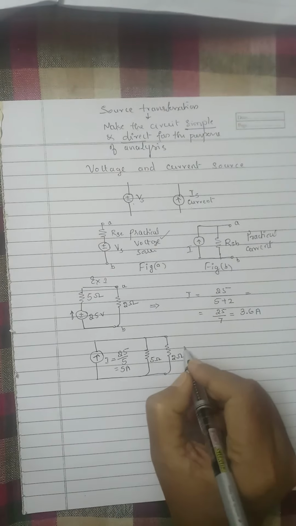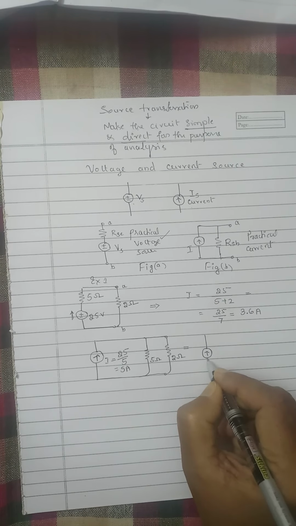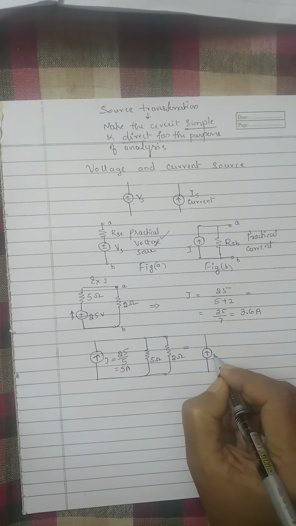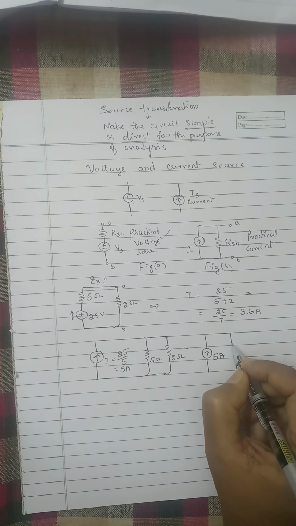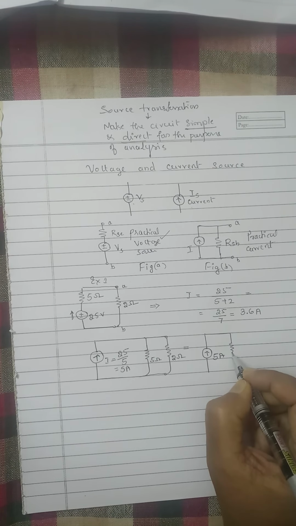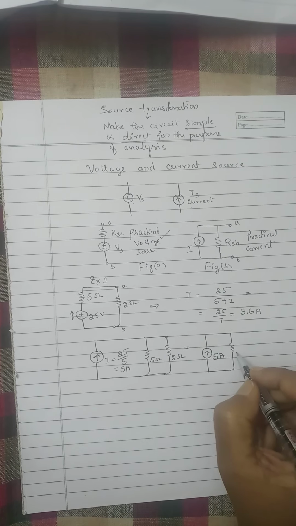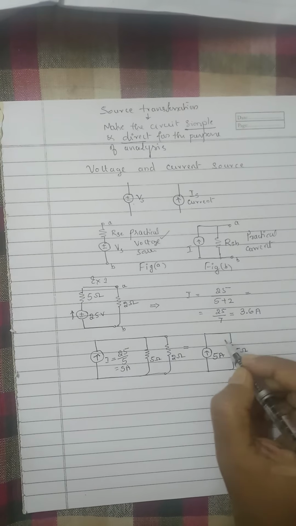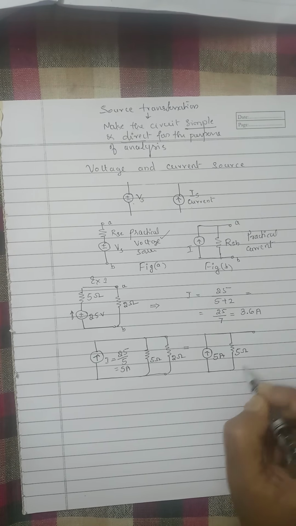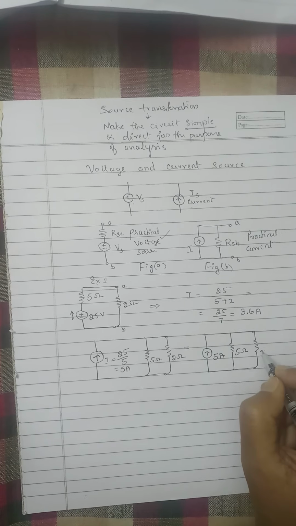What's the resulting circuit now? A current source of output current 5 ampere. The resistance which was in series with the voltage source, I put in parallel, the same resistance. I'll reconnect the load as it is, that is 2 ohm across AB.